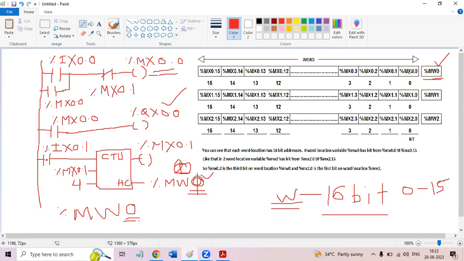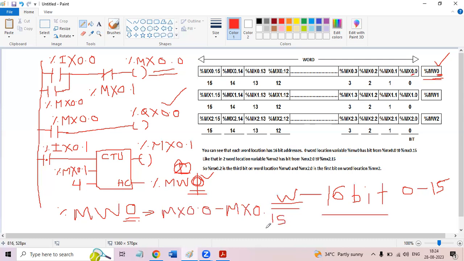Here you see percentage MX 0.0. What is this first 0? I had just told you. The first 0 is the word location. So where is the 0 word location? This is the 0 word location. 0.0 means this is bit number 0. Then bit number 1 is 0.1, then 0.2, 0.3, 0.4, like that up to 0.15. So when I say percentage MW0, it will have percentage MX 0.0 up to percentage MX 0.15, correct?